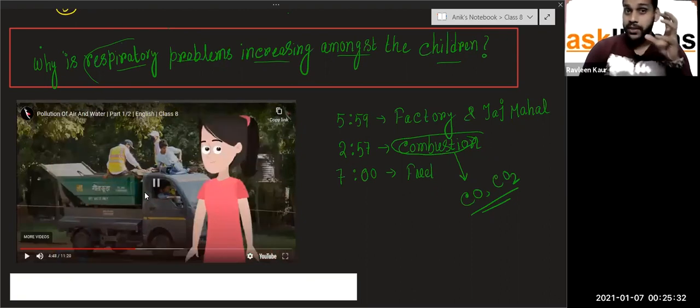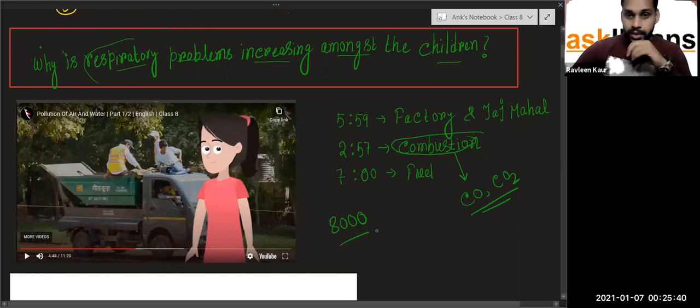Exactly. Now I think you can see 8,000 to 9,000 metric tons. Let me tell you, 1 metric ton means 1,000 kgs. Now think about it.